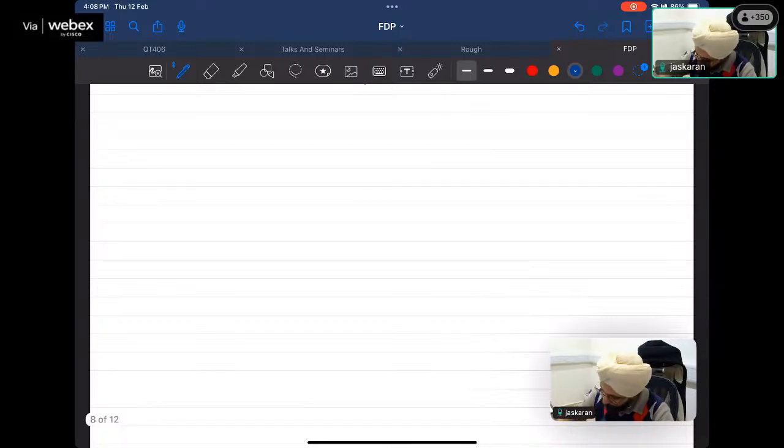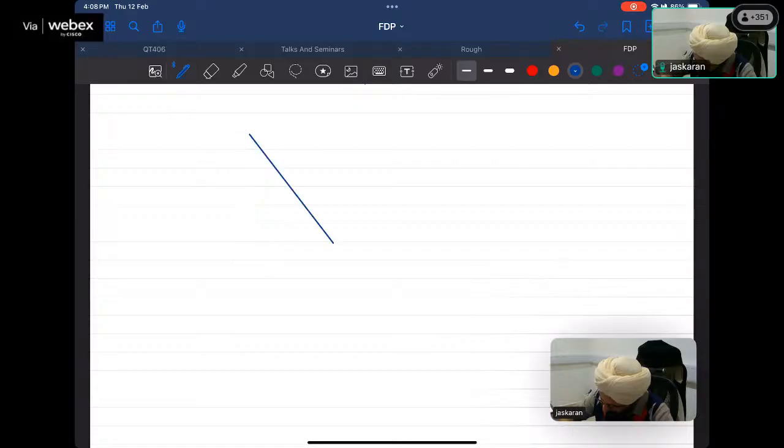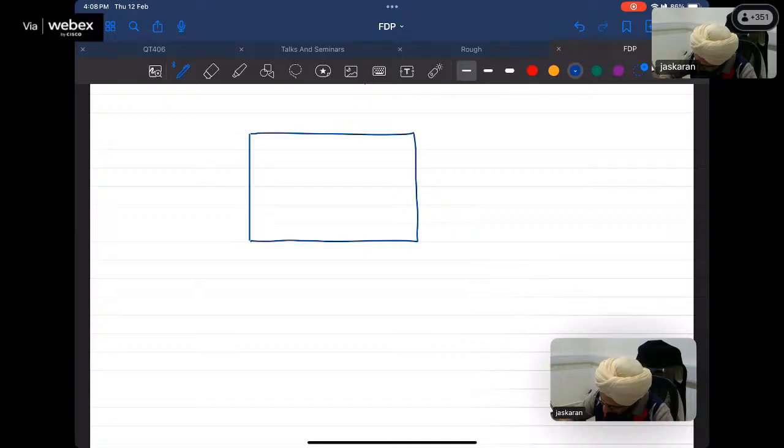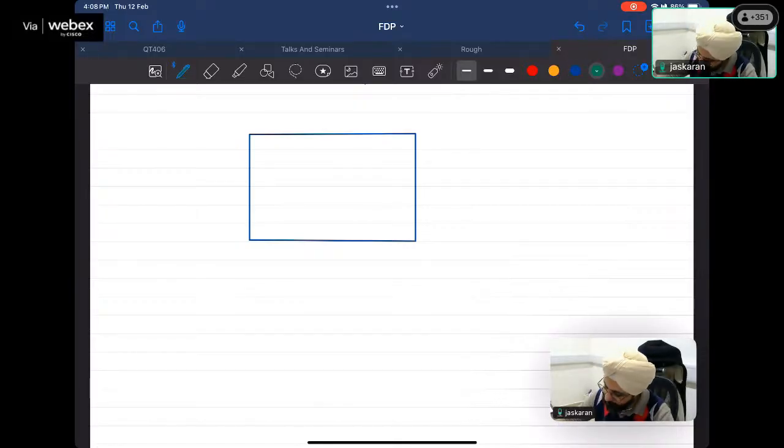It would look something like this. Let me just draw it. So we have a box such that it can implement two different projective measurements. This black box has two black boxes inside it.